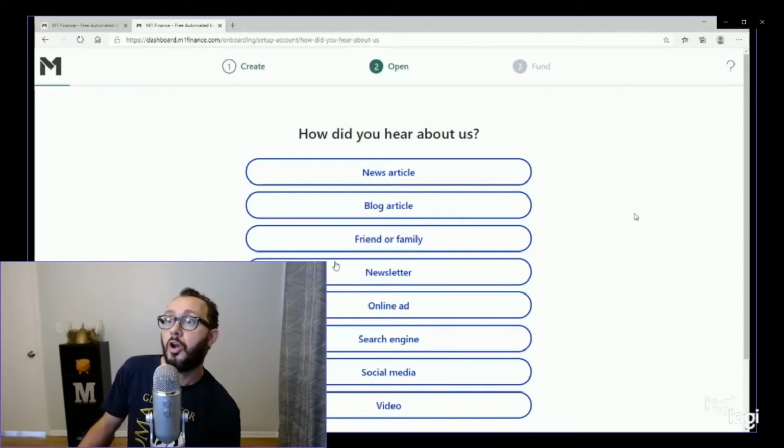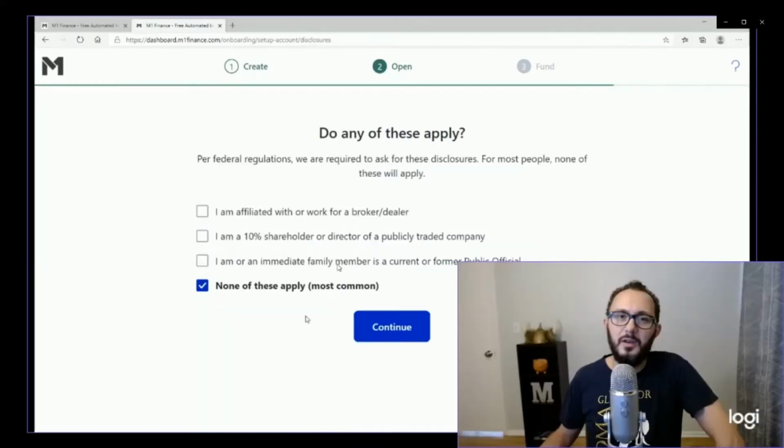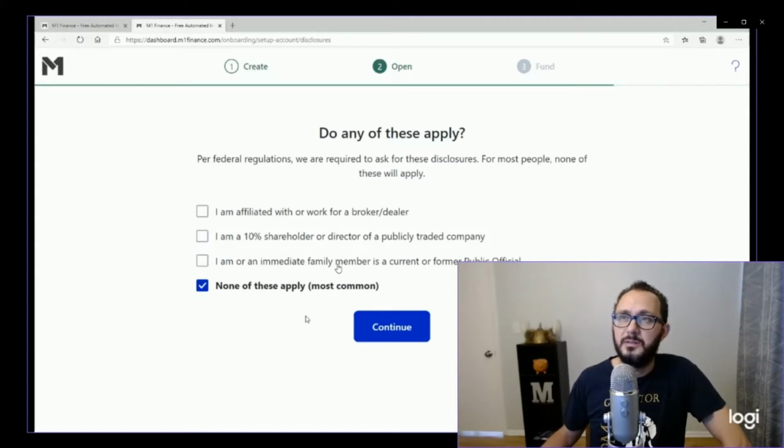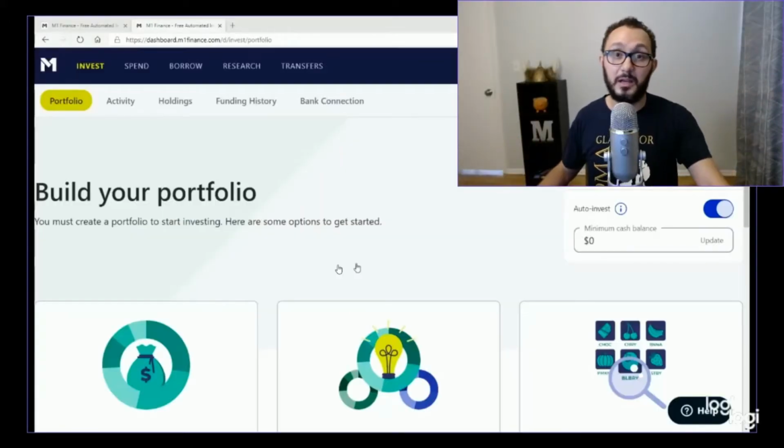News article, blog article, friend, family, newsletter, online ad, search engine, social media, or a video. You can skip some of the questions. This one is regarding the disclosures. You cannot skip this, but none of these apply to me. None of these apply to most people. And that's it, maybe 10, 20 minutes, the account is open. The account is created and now we're going to go inside the account and see how it works.